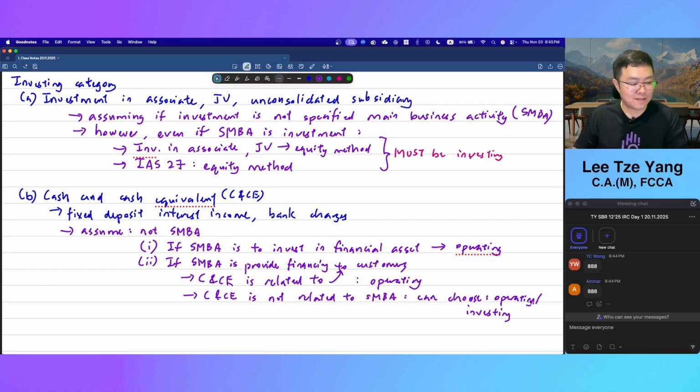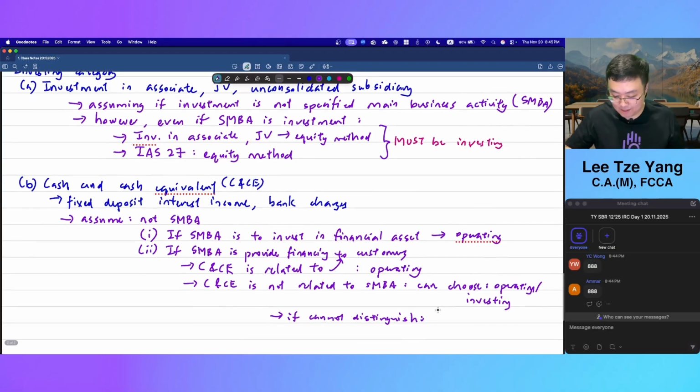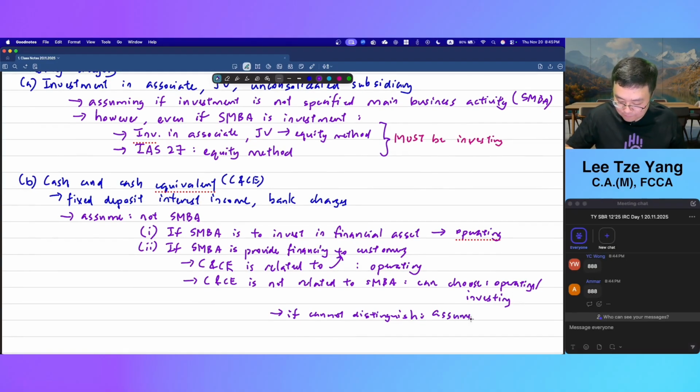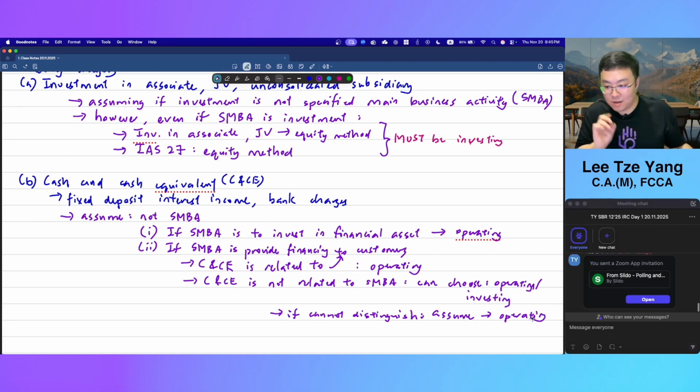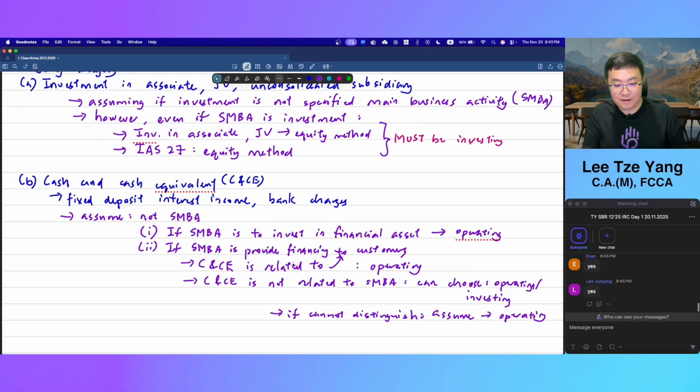Well, don't know how to trace. If you cannot distinguish between investing or operating, you just assume everything is operating. Can you understand? If this is the SMBA, the related one must be operating. If not related, you choose. If you don't know, everything operating, because this is your SMBA. Okay, that is for cash and cash equivalent.